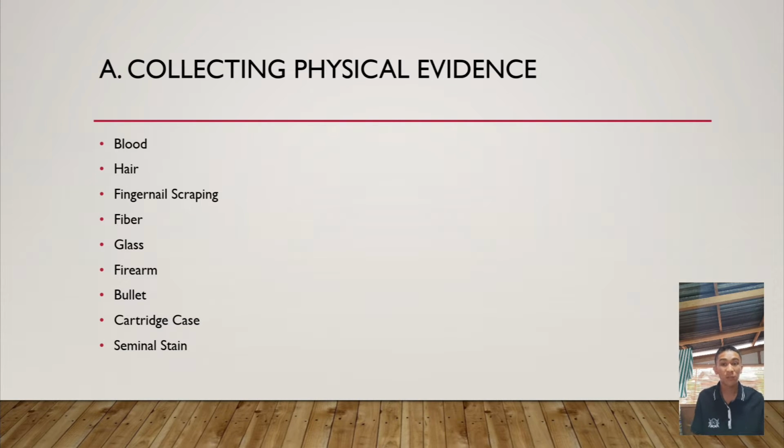However, it can be determined if the hair is of animal or human, whether the hair is dyed or bleached, if the hair is from the head or body, as well as the racial origin of the hair.